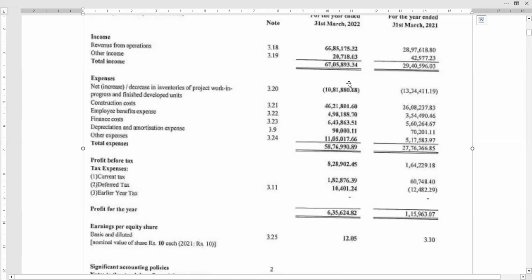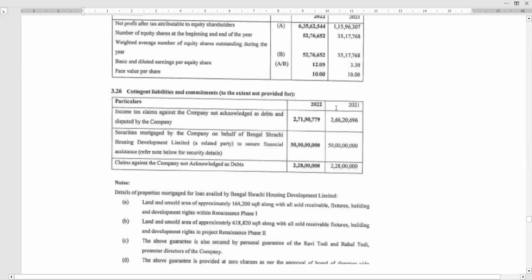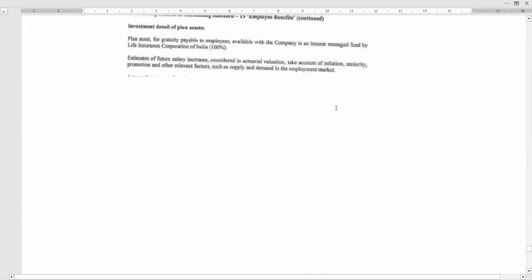So net of this figure only is getting debited to P&L. This figure 10 lakh 81 is getting transferred to work in progress inventory, because this 10 lakhs has come as a difference between opening and closing, right? That 10 lakhs is nothing but difference between opening and closing. That means you have already transferred 10 lakhs from this 46 lakhs, but the disclosure is like this. That's all. There is no other meaning to it.